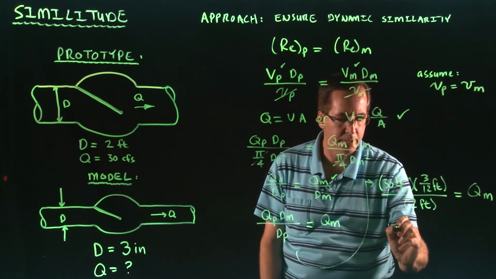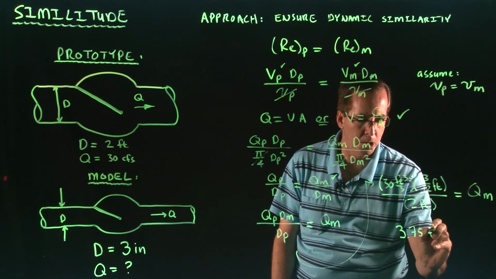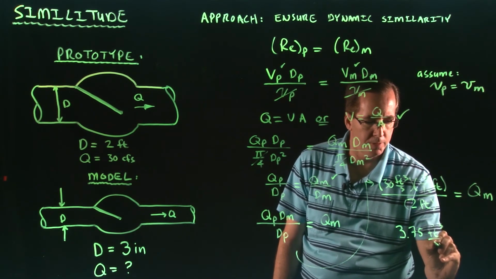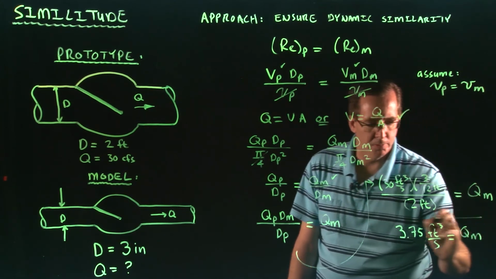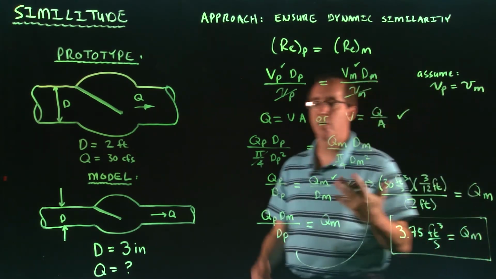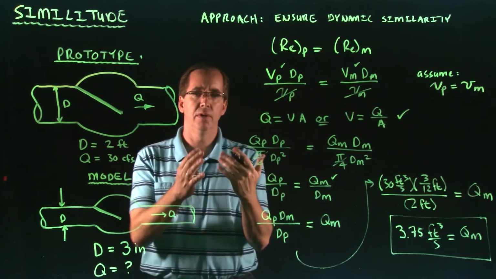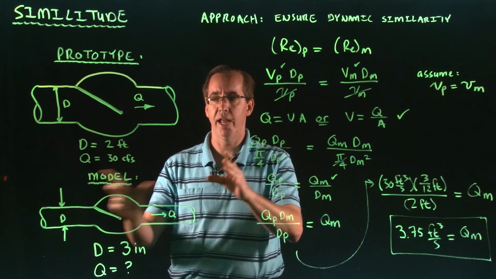When we do the final calculation, we get the 3.75 cubic feet per second is the required flow going through the model. Okay, so in order for this application to have complete similarity, again, geometric and dynamic.